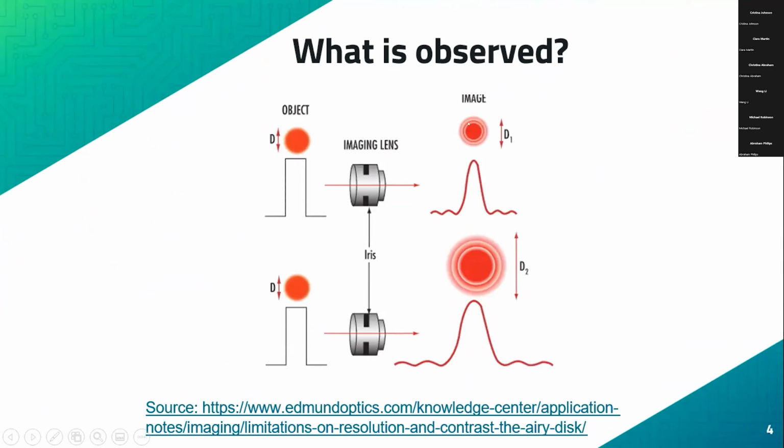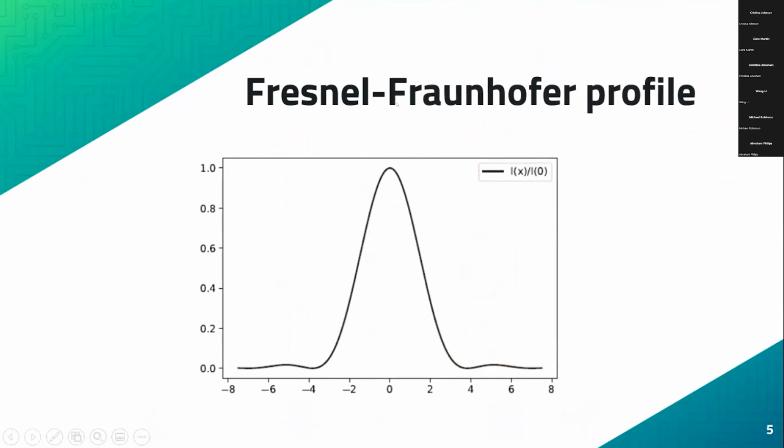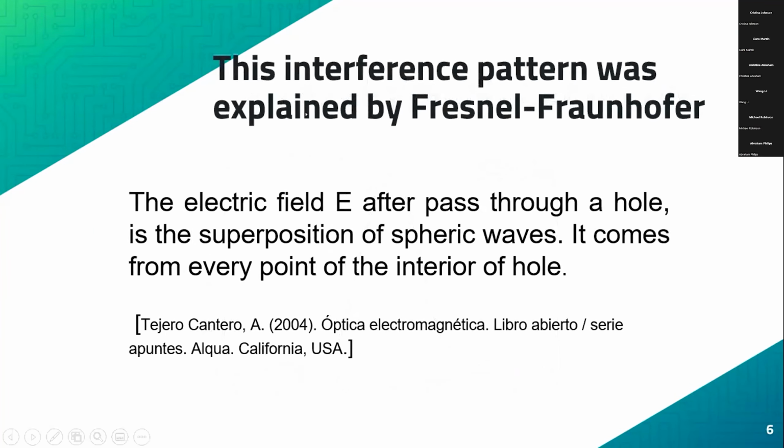We have many concentric rings, one disk and other concentric rings, named the Airy disk. The Fresnel-Fraunhofer profile is explained in terms of the Bessel series.